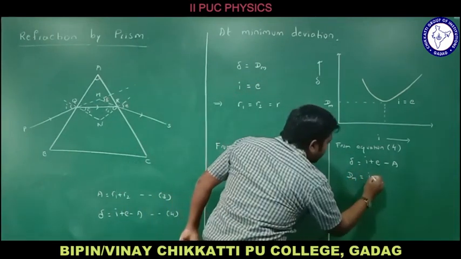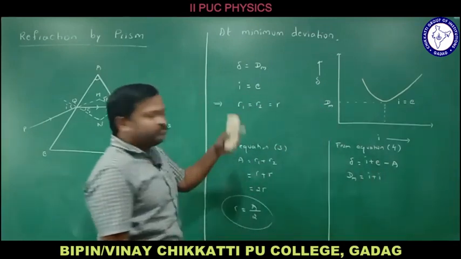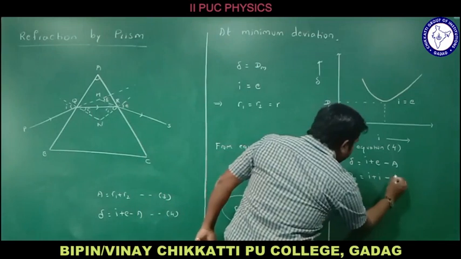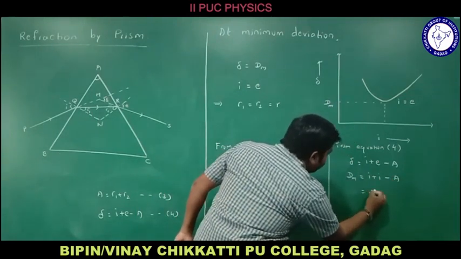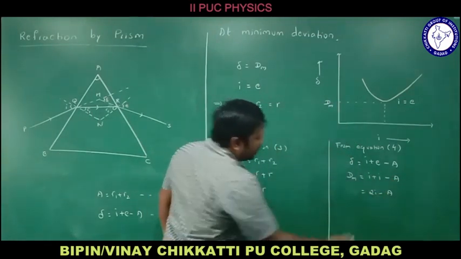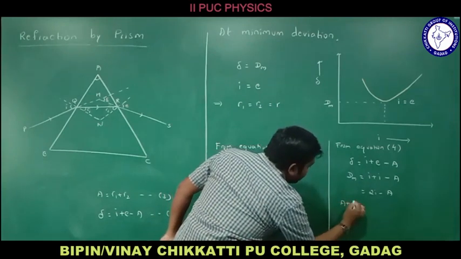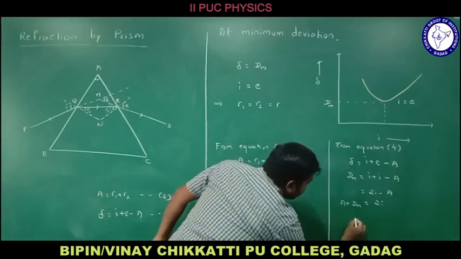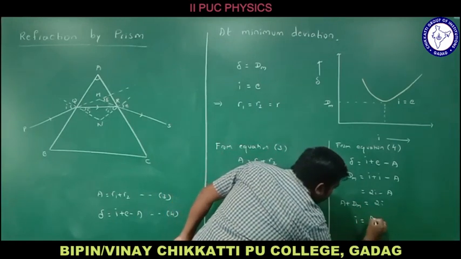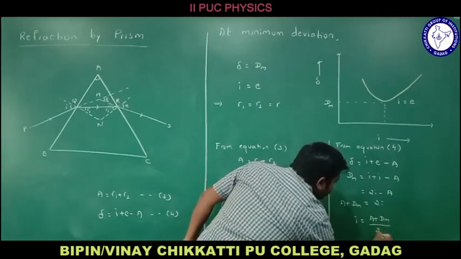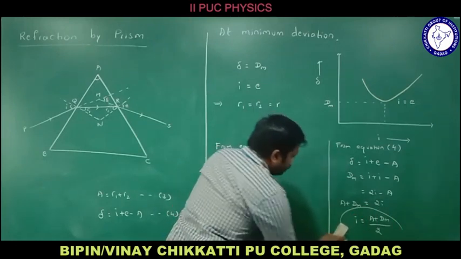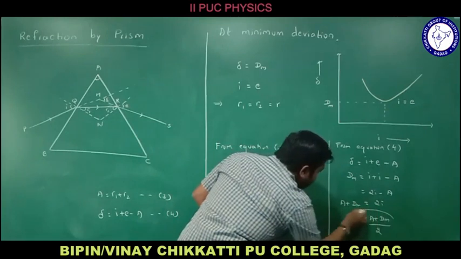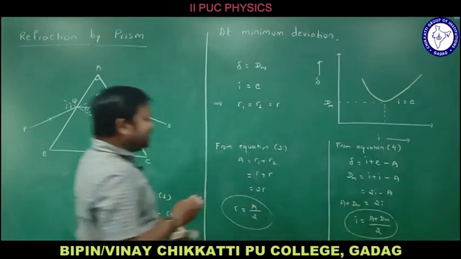So I plus I, because angle of incidence is equal to angle of emergence, minus A. That is equal to 2I minus A. Shall I bring A this side? A plus Dm is equal to 2I. Then I is equal to A plus Dm divided by 2. This is the angle of incidence.